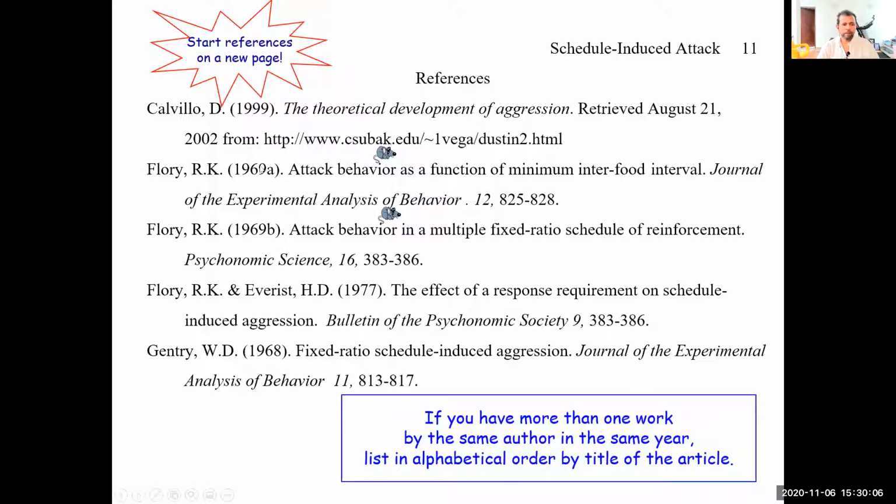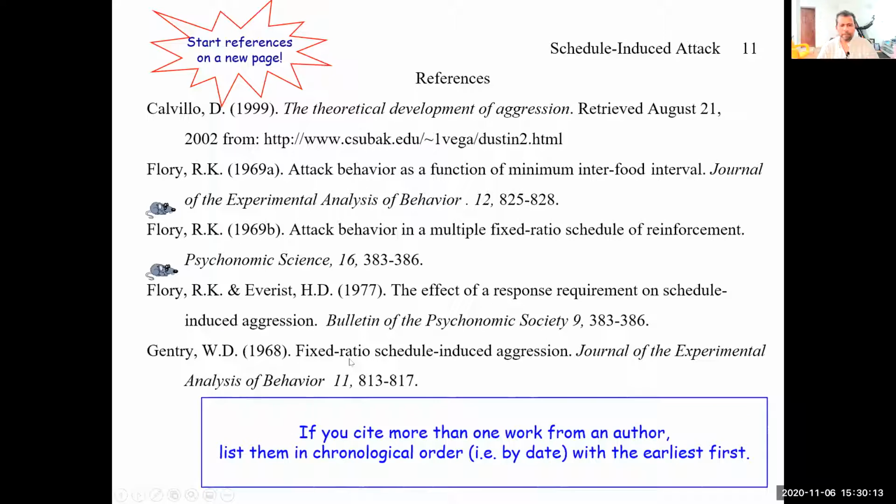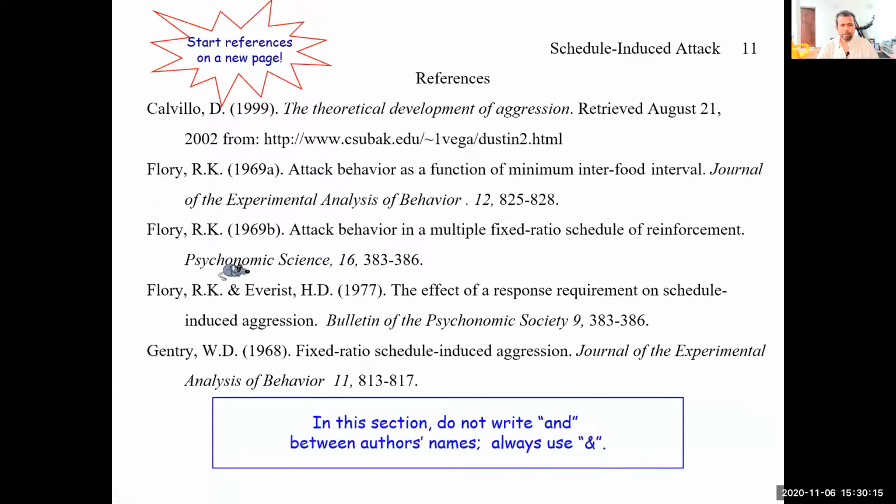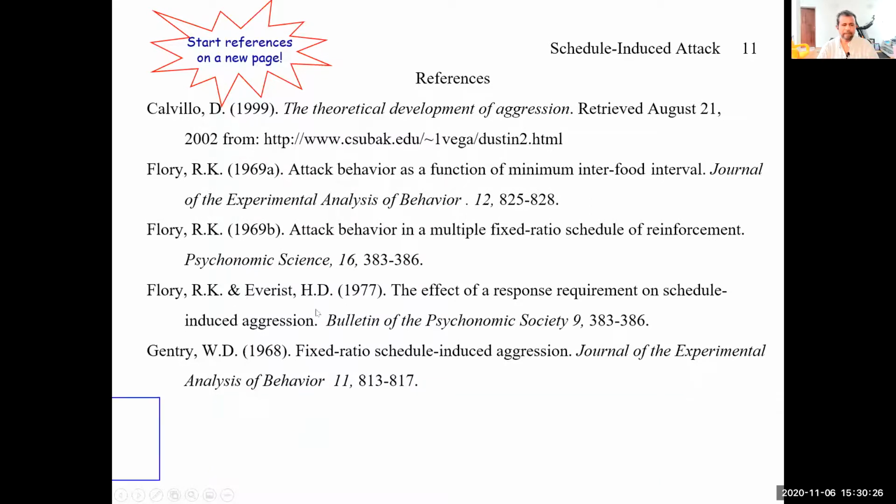If the same author has more than one publication in the same year, then you have A and B, right? So that is already mentioned. Chronological order has to be arranged, and in the reference list always use the ampersand, not the word and, right?